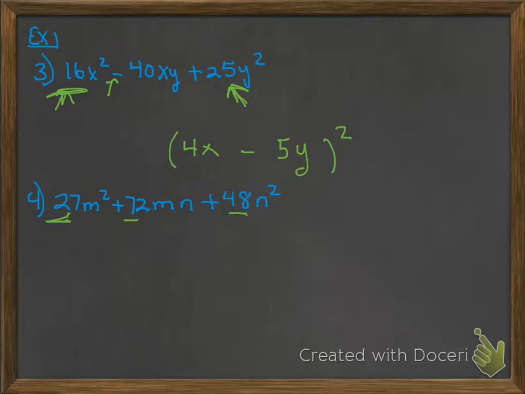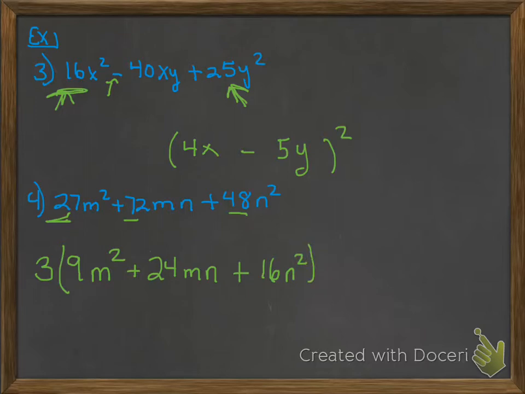So 27 divided by 3 is going to be 9, so we have 3 times (9m squared plus 24mn plus 16n squared).